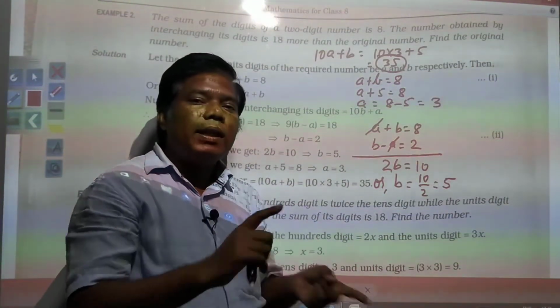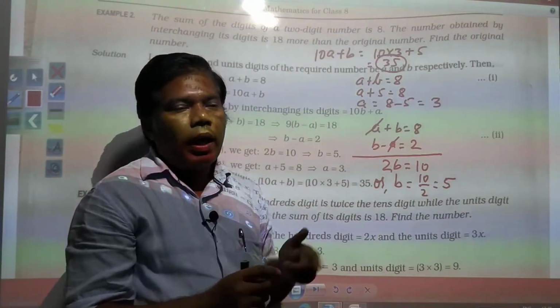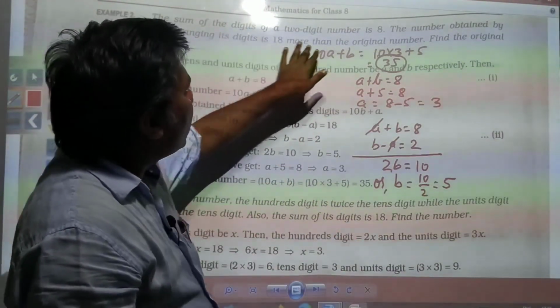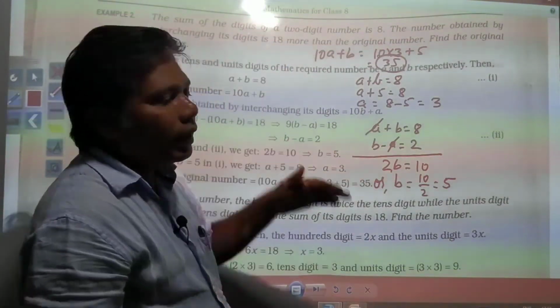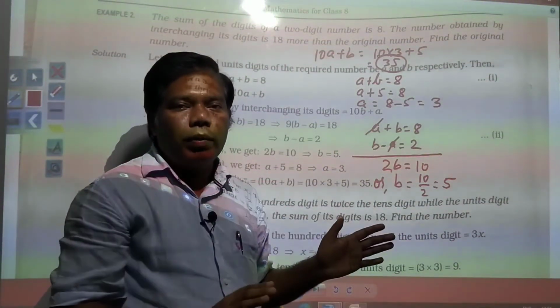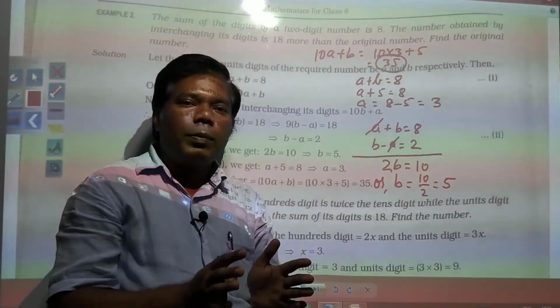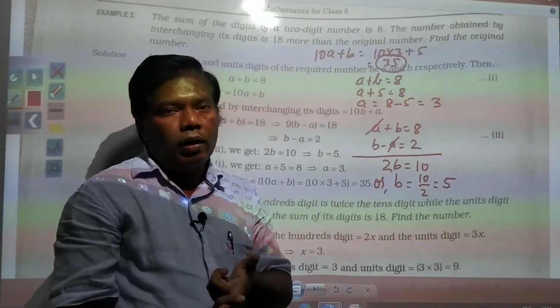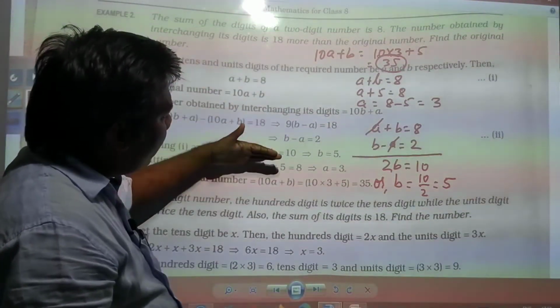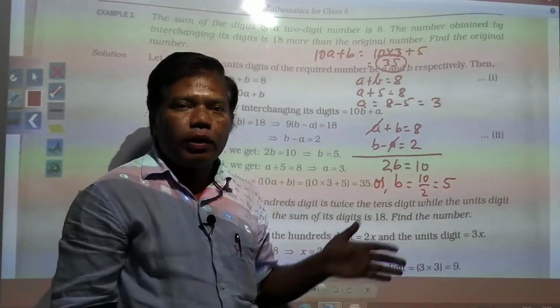And when you interchange them, it will become 10b plus a. As per the condition, the new number is 18 more than the old number. It means if the old number is subtracted from the new number, you get 18. That is required to be simplified stepwise, and you will get a and b, and you will get the answer.